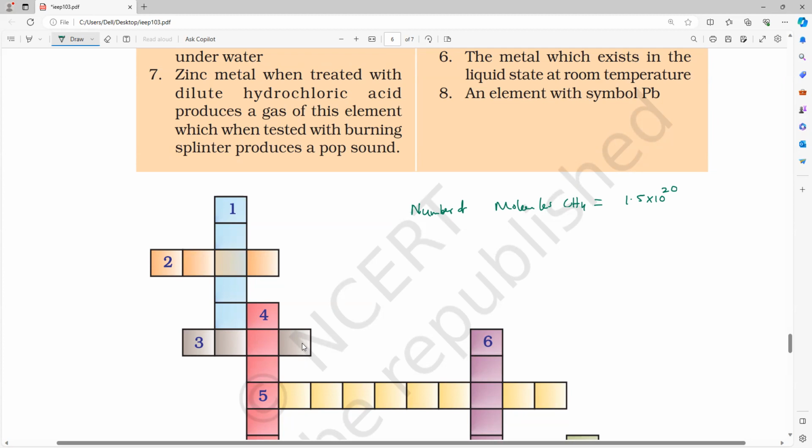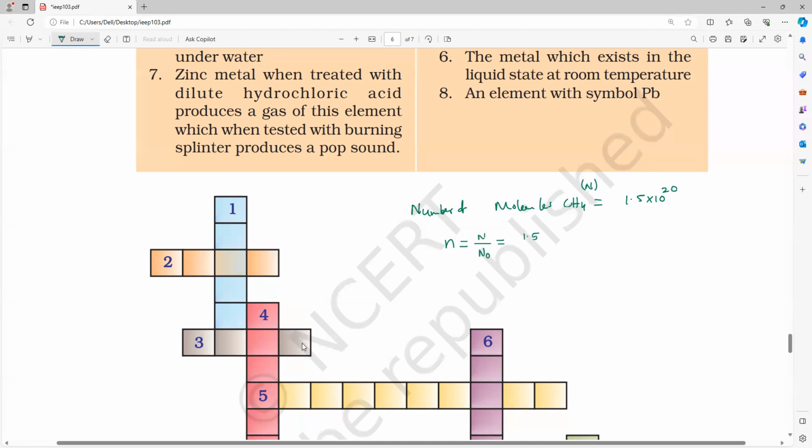We all know the number of moles formula: if the number of particles is given, the number of moles is the given number of particles divided by Avogadro number.